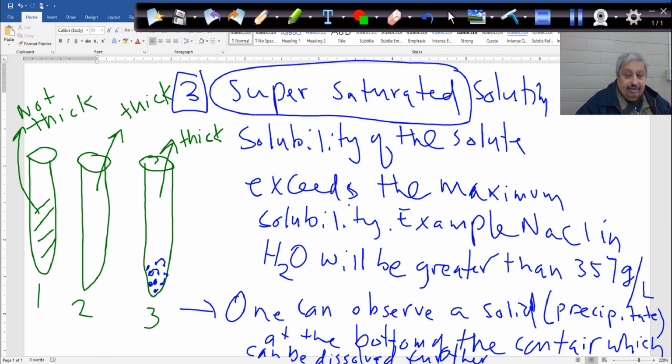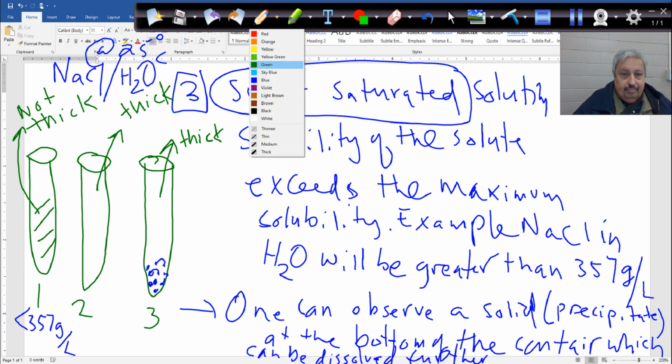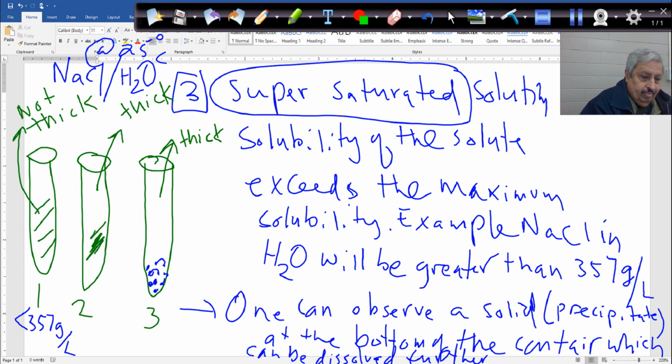The solvent can dissolve only that much; after that it can't. An example: here I have less than 357 gram per liter. We are looking at sodium chloride in H2O at 25 degrees in the lab. This one here is a little bit thicker, so that one is very thin. This solution is thin.